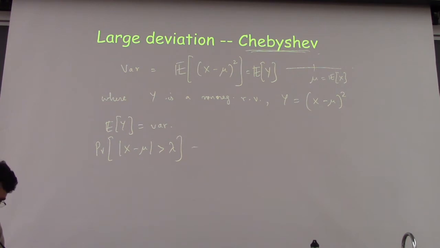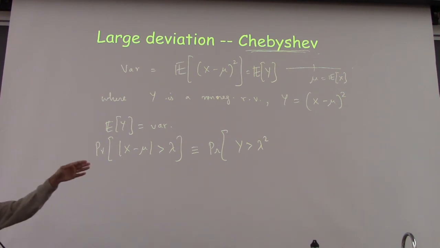This is exactly equivalent to the probability that Y is bigger than lambda squared, because absolute value of X minus mu bigger than lambda is equivalent to saying X minus mu whole squared is bigger than lambda squared. Now you can use Markov to conclude that this is smaller than or equal to the expected value of Y divided by lambda squared.